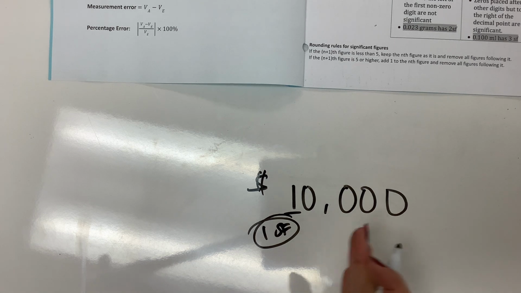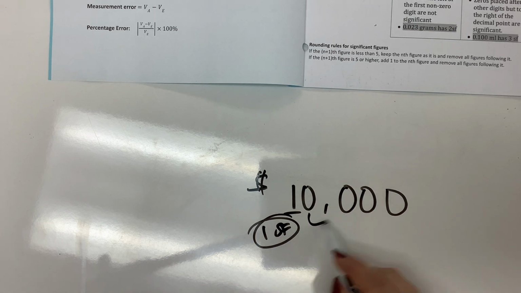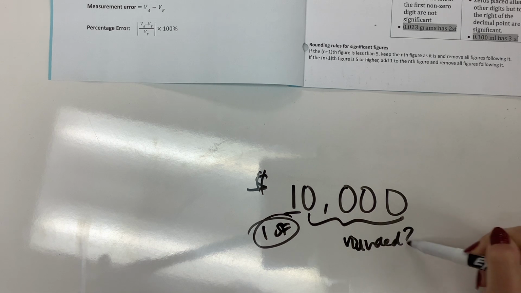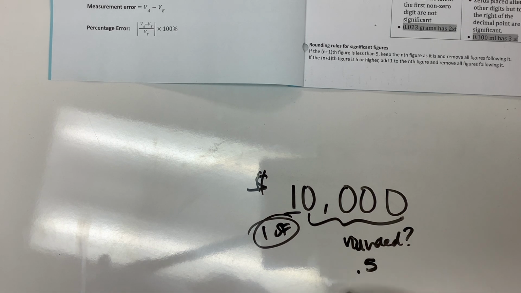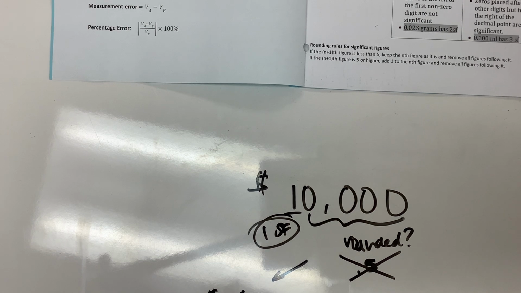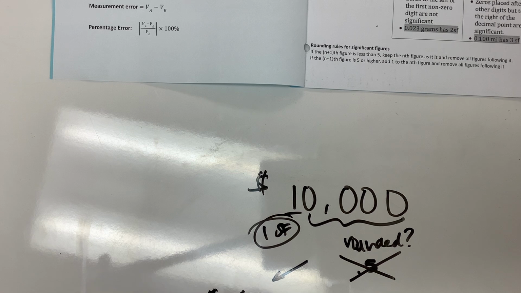Thinking about what this would have been rounded to for these non-significant figures, it's not plus or minus 0.5 cents. Here instead my lower bound would be $5,000 and my upper would be $15,000. So that's where sig figs can also tie into this.